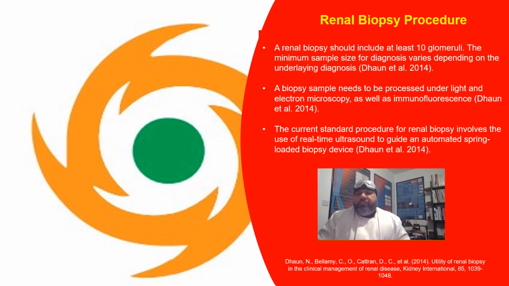In the general procedure, a renal biopsy should include at least, and in the literature it varies, 10 glomeruli extracted from the kidneys at the time of the procedure, and the minimal sample size for diagnoses varies depending on the underlying diagnoses.